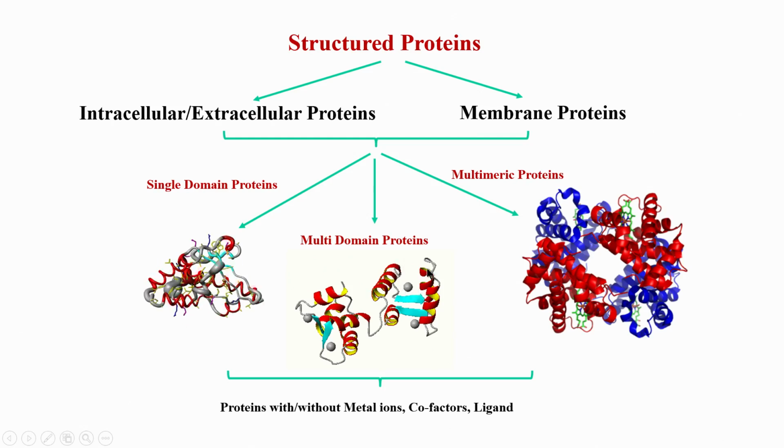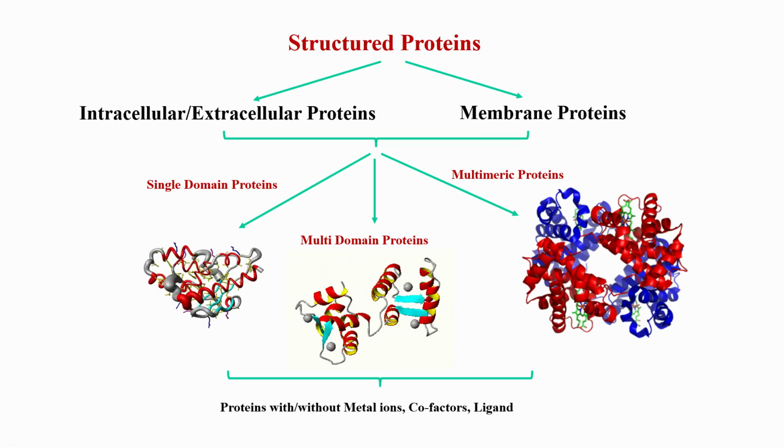So, paramagnetic metal ion protein structures are a very challenging part and have been dealt with by several groups. We will not go specifically into how to solve paramagnetic protein structures in this course, but you should remember that these metal ions are also part of the protein, required for its function. So, when we solve a structure, we should be aware whether a metal ion is there in the protein or not.